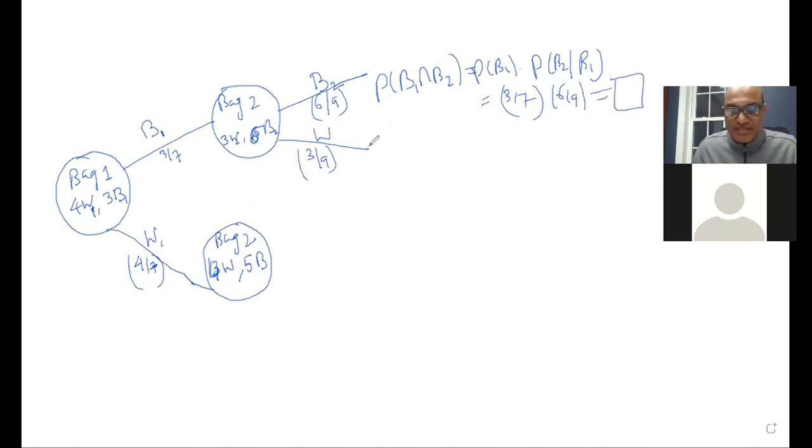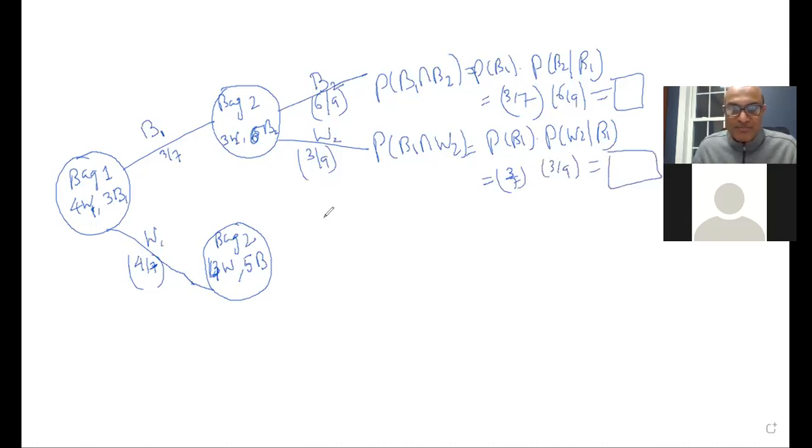Same way, B1 intersection W2 is probability of B1 times probability of W2 given B1, which is 3 by 7 times 3 by 9. We don't have to do anything with W2, but if you want to count it, that is this number.